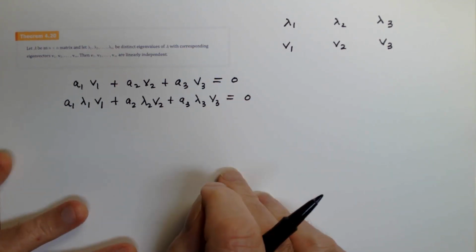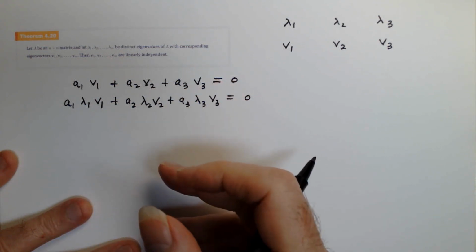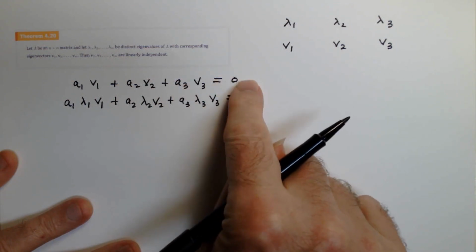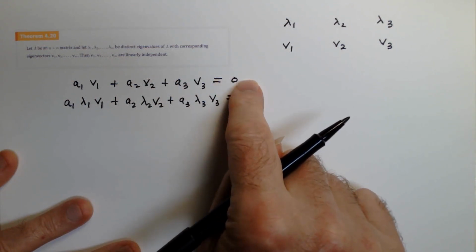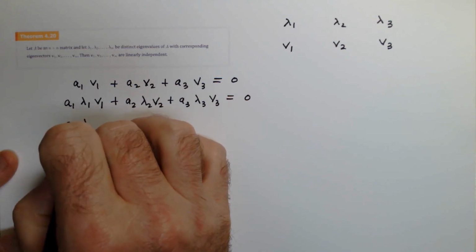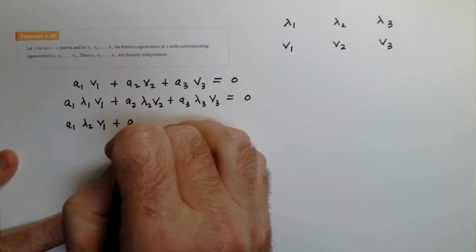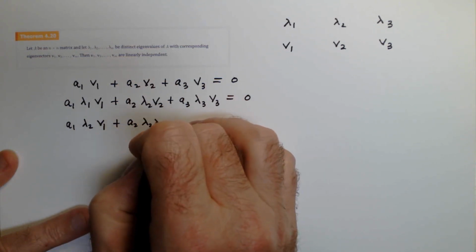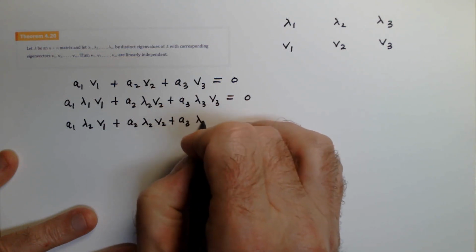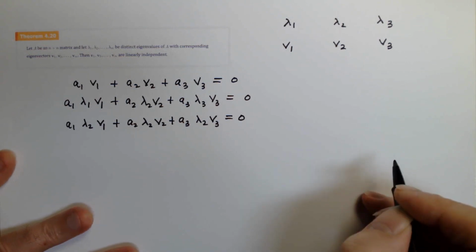Now step 2 is to take this first equation and multiply it by lambda 2. So just multiply both sides of this equation by lambda 2. What we end up with is a1 lambda 2 v1 plus a2 lambda 2 v2 plus a3 lambda 2 v3 is equal to 0.